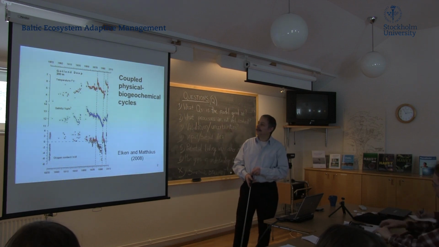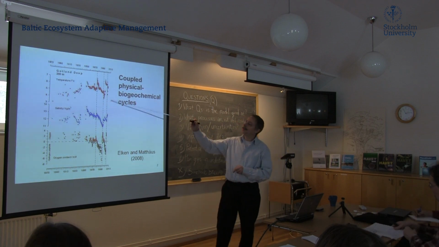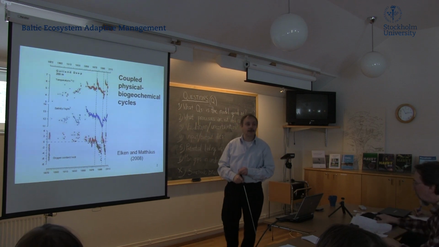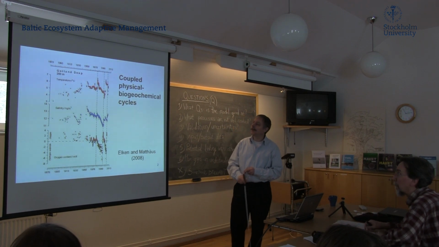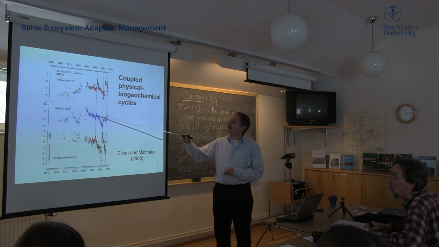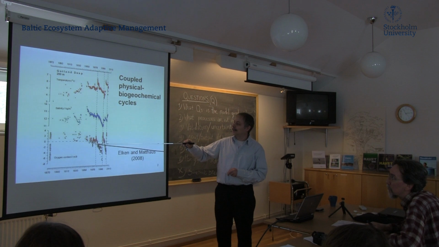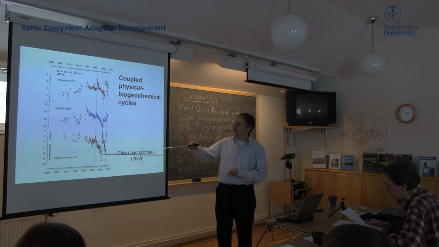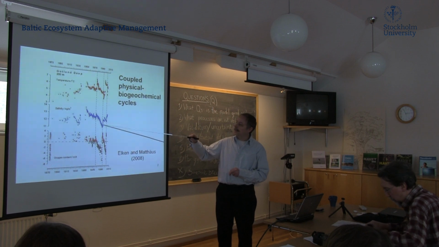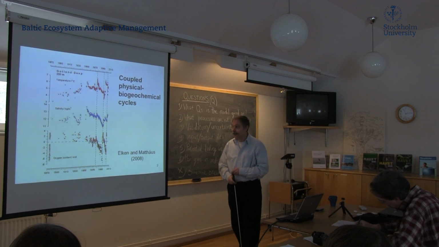And what you see here is that the temperature, salinity and oxygen are somehow correlated to each other. If you have these little peaks up in salinity, then you usually also have a peak up in oxygen. Then you have a decrease in salinity during some period, and then an increase again.